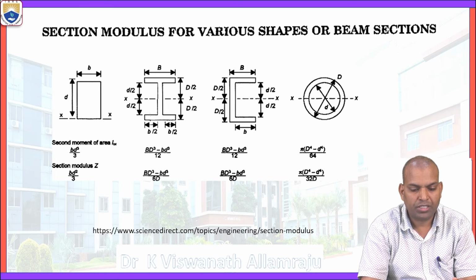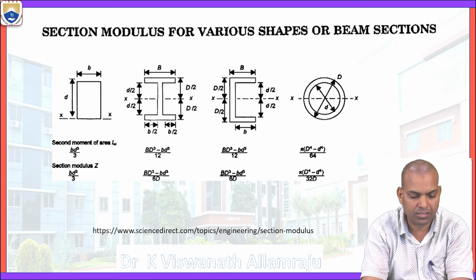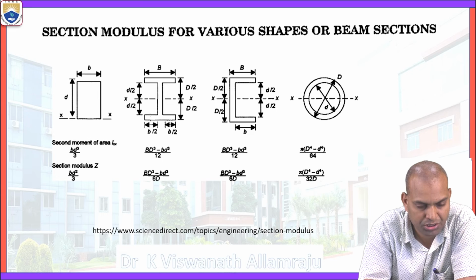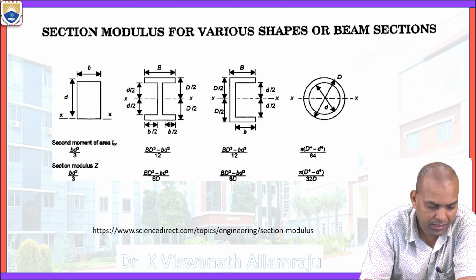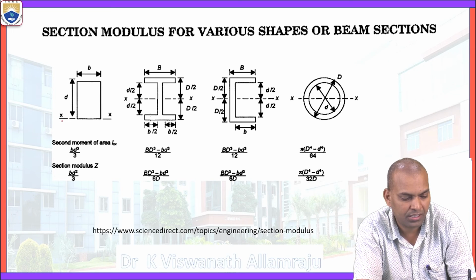So these are the section modulus for various shapes. This is for rectangular section B and D. We have already studied the IXX, that is BD cube by 12 about neutral axis. But here the section is different about XX axis.